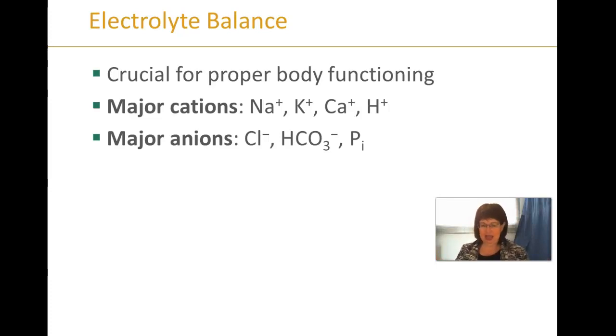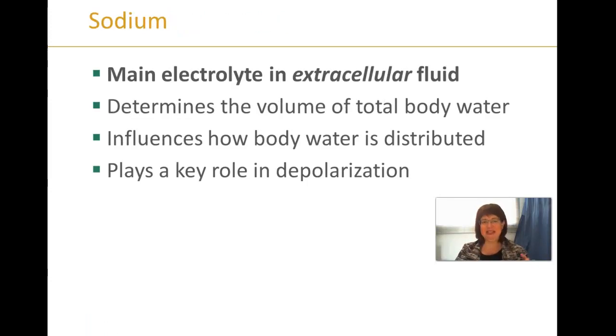When we look at sodium, sodium is the main electrolyte in the extracellular fluid. The body's always pumping it out, and it determines the volume of total body water. It also influences how the water is distributed. And if you remember, sodium is very important in muscles and nerves.